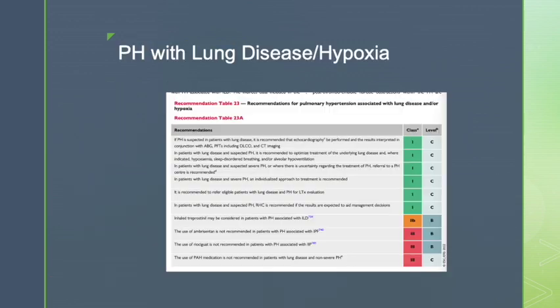So these are the recommendations, the table from the guidelines, most of which I've already discussed, and this usually has a good class of evidence in terms of evaluation and optimizing therapy for the initial disease.